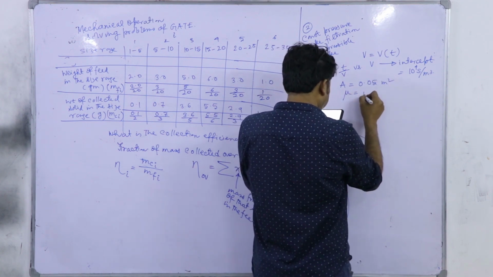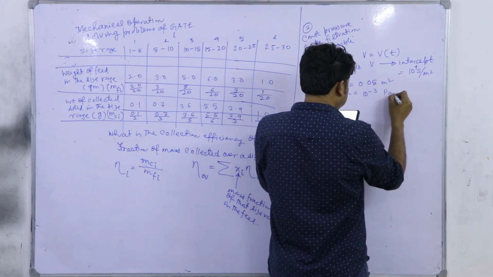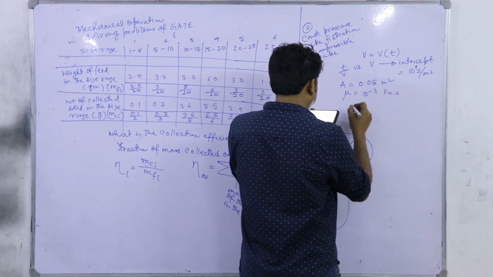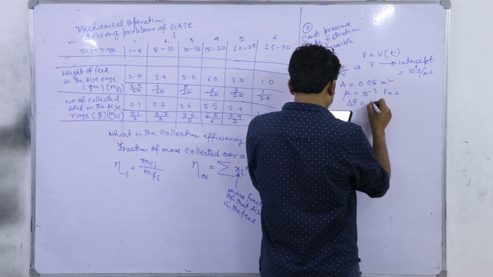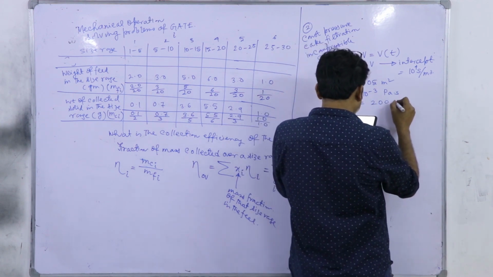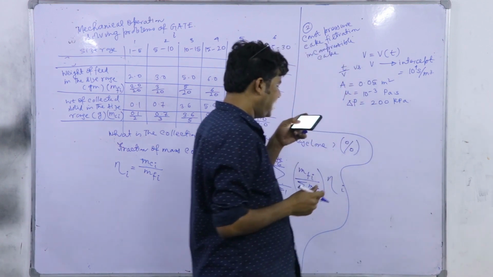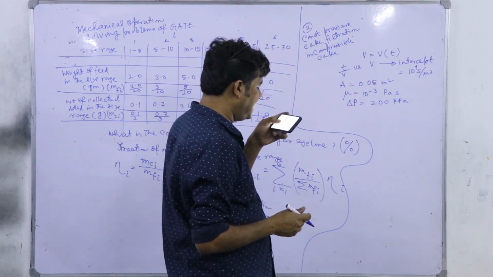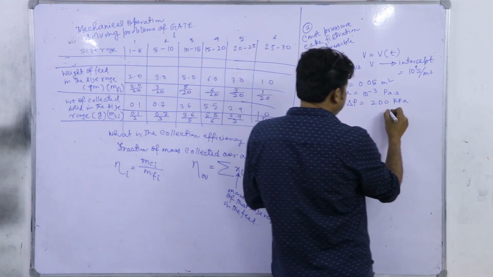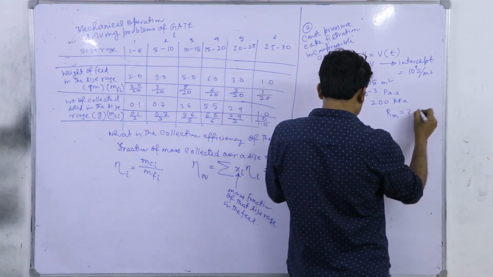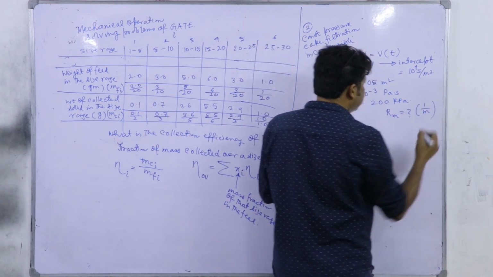Viscosity of the filtrate is 10 to the power minus 3 Pascal second. And the overall pressure drop, delta P total, is 200 kilopascal. The filter medium resistance we have to find out in meter inverse.